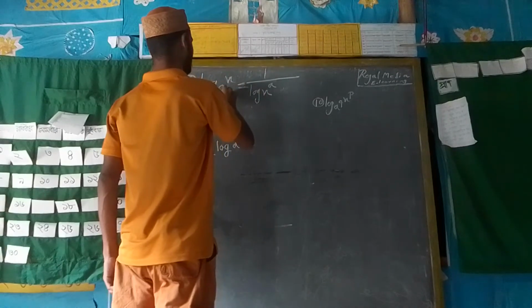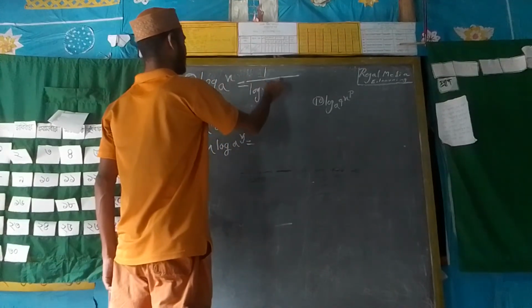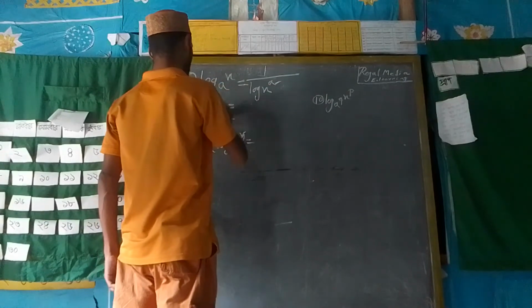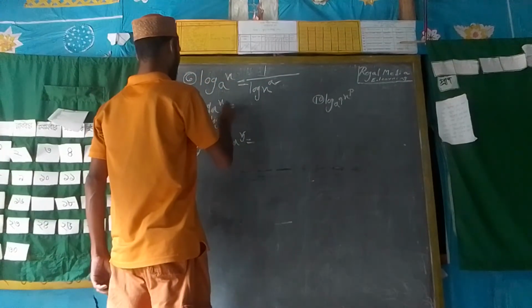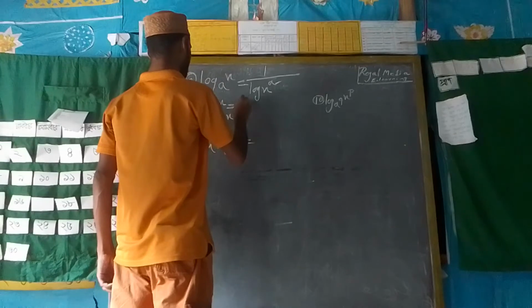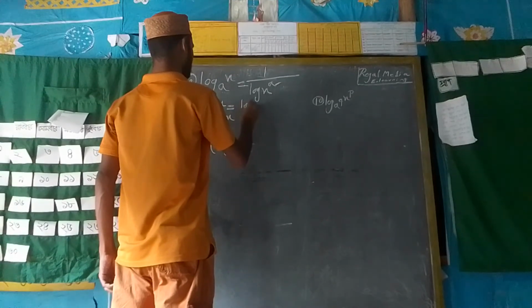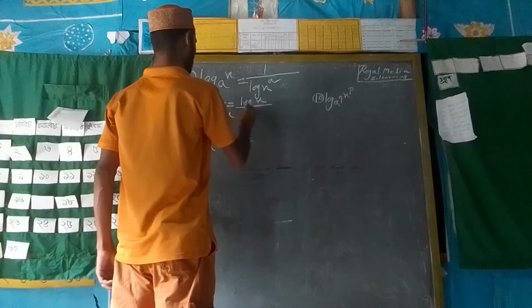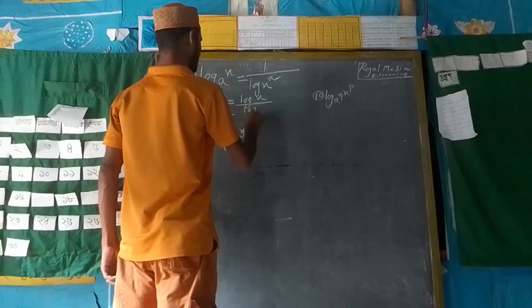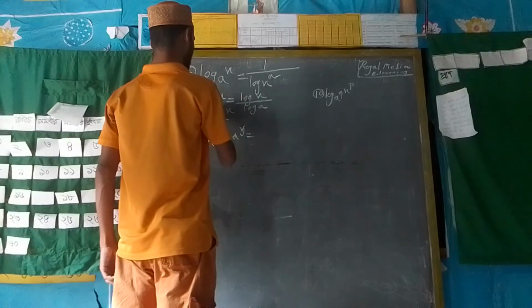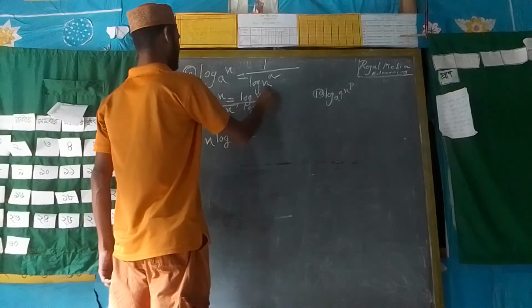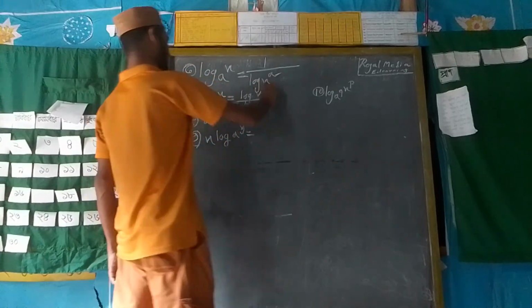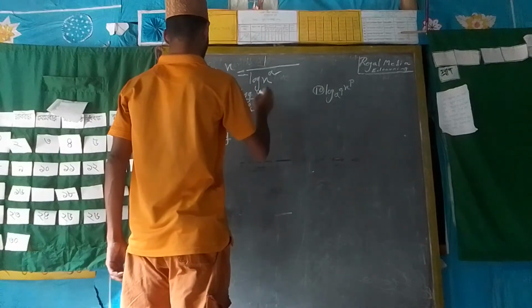X becomes the base and base will be the power. Then log a x equals log x divided by log a. We can write it this way. This formula: log x numerator and denominator log y.